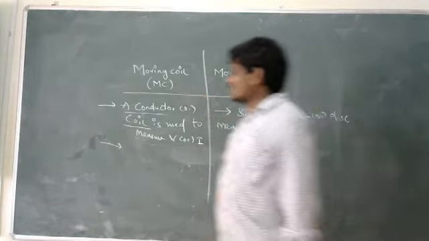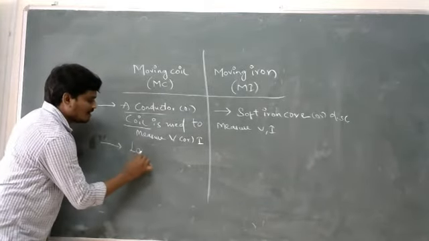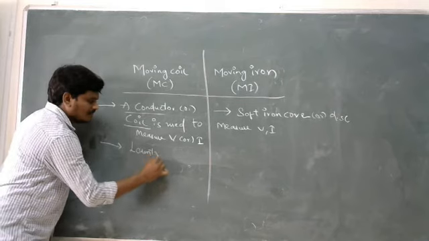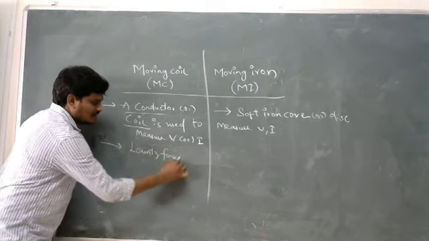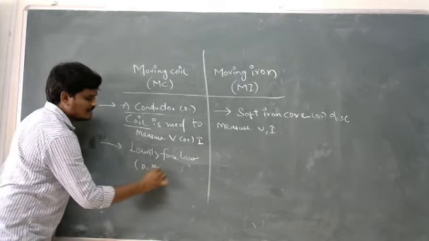The main working principle of an MC instrument is the Lorentz force law, which is similar to the working principle of a DC motor.